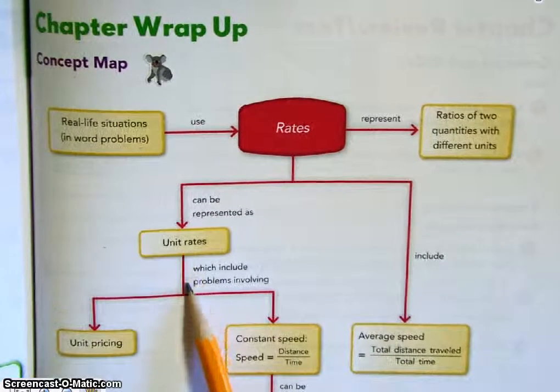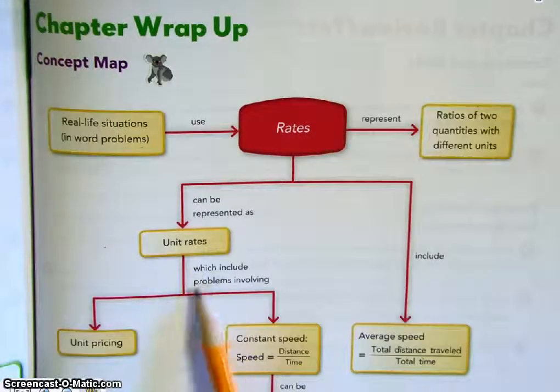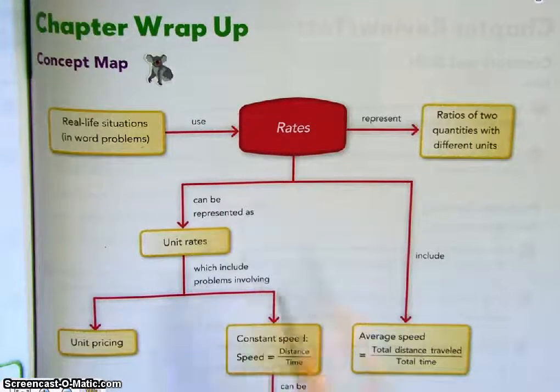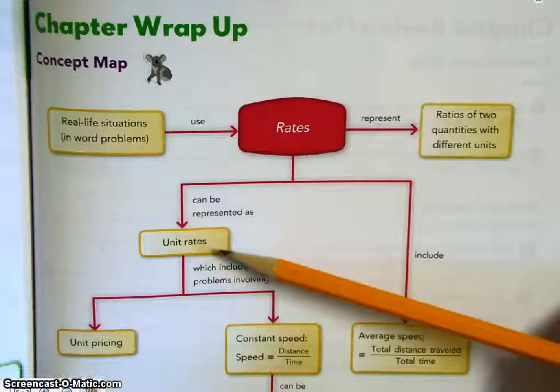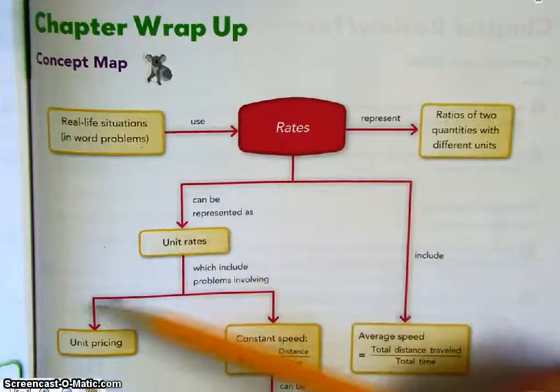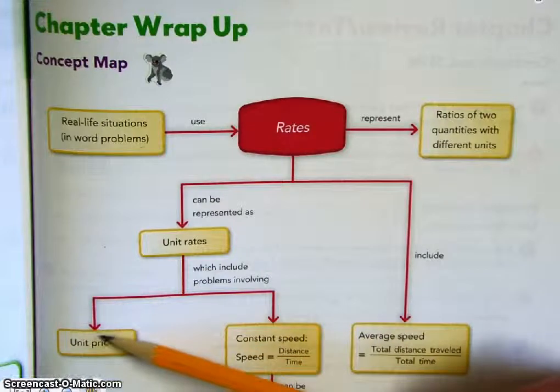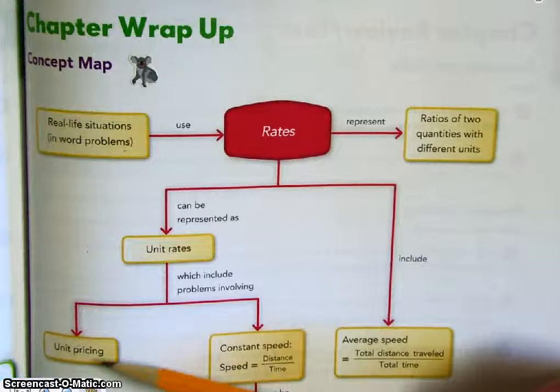So if we come down on this side, unit rate, which includes problem solving. What I just talked about is if we find the unit rate for something, then we can come down and find the price. And that's what we did with our grocery store ads, trying to find the best deal on avocados or oranges or whatever you chose.